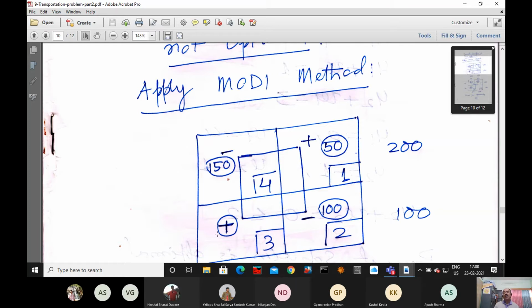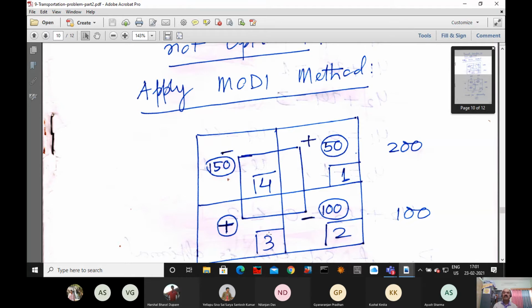Now what is the cost if you calculate? 50 into 4, 200. Then 150 into 1, 150. So 150 plus 200 is 350. And here 0 into 300 is 0. Then 100 into 3, 300.